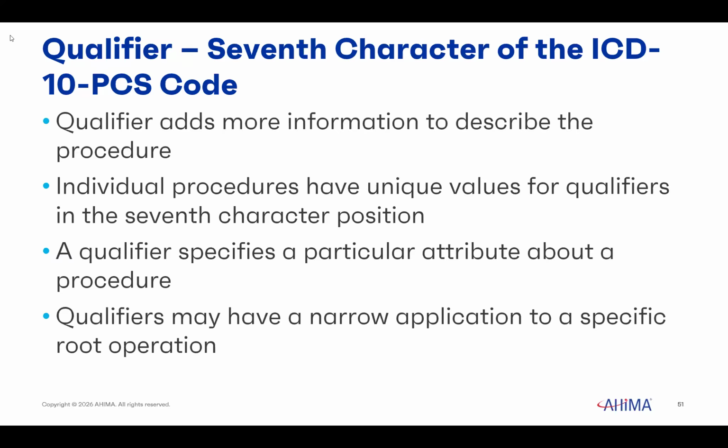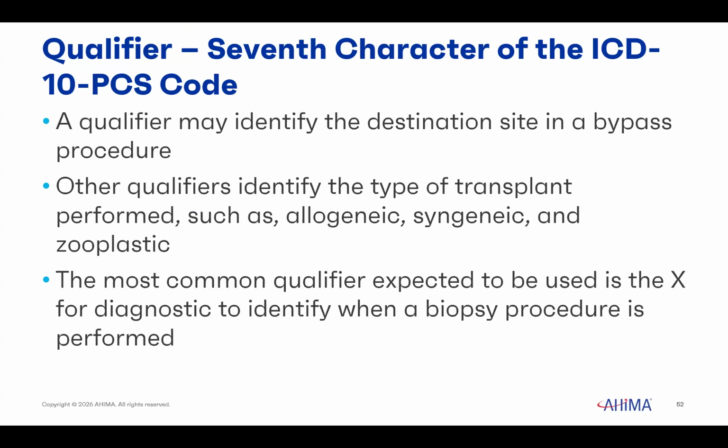It usually has a very narrow application to a specific root operation. And again, there are things like a destination site. When you have a bypass, for a coronary artery bypass, you're bypassing a coronary artery from one site and then you have a destination site. So that's really what they're talking about with a qualifier.